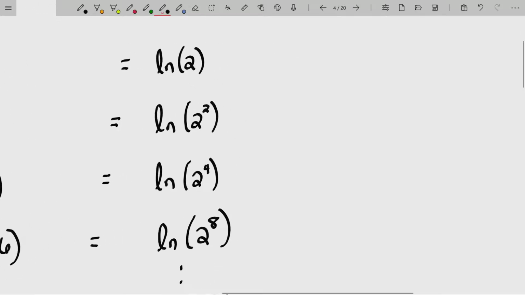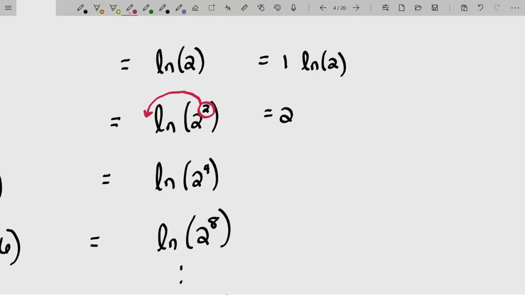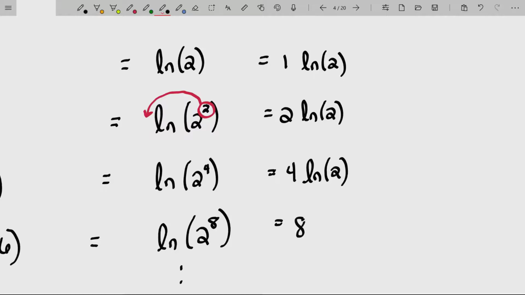And the first can be written as 1 times the natural log of 2. And this can be written as 2, because you know the properties of logarithms that you can bring out this exponent. So it's 2 times the natural log of 2. Next one is 4 times the natural log of 2. And the next one is 8 times the natural log of 2.